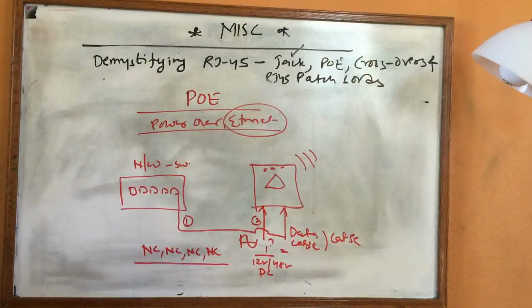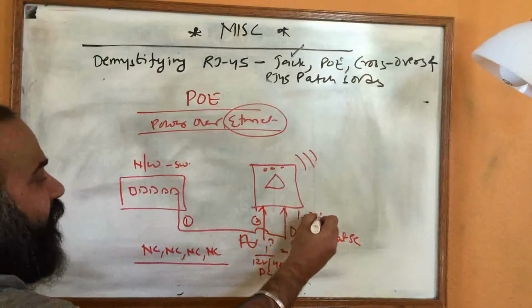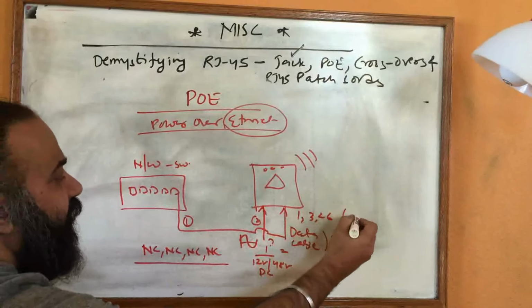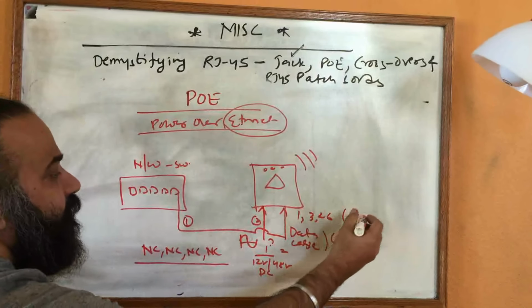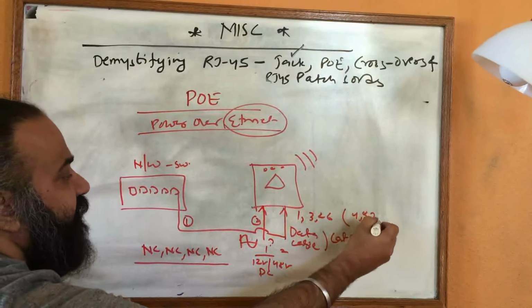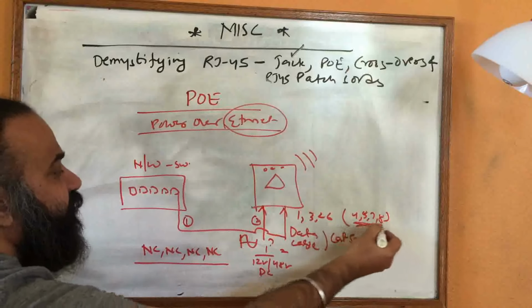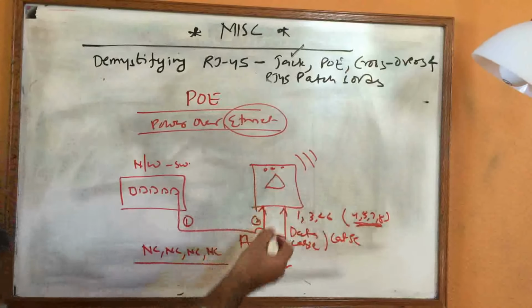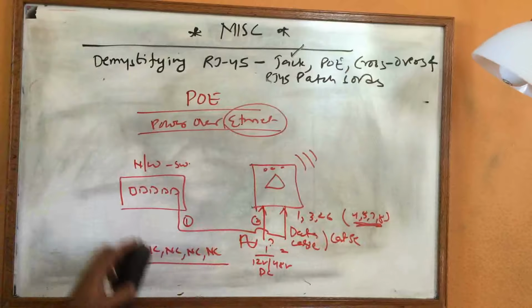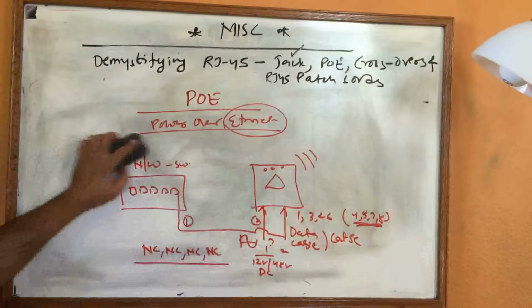Pins 1, 2, 3, 6 are connected, but the remaining 4, 5, 7 and 8 are not. So they were trying to use the 4, 5, 7, 8 pin configuration to provide power to this device. That was the problem statement and the solution behind it.